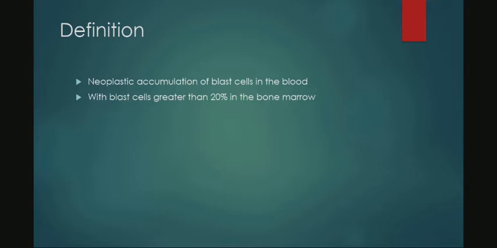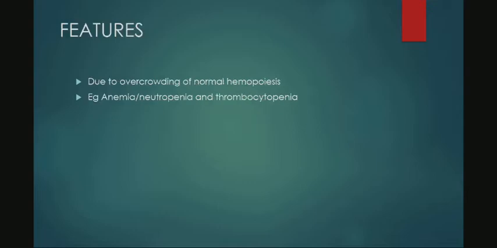Okay, with that being said, we move on. With the understanding that acute leukemia is a process where these blast cells are not undergoing proper maturation into mature cells and are dividing abnormally, leading to that accumulation of blast cells, the next question we ask ourselves is, how does this bring a problem?